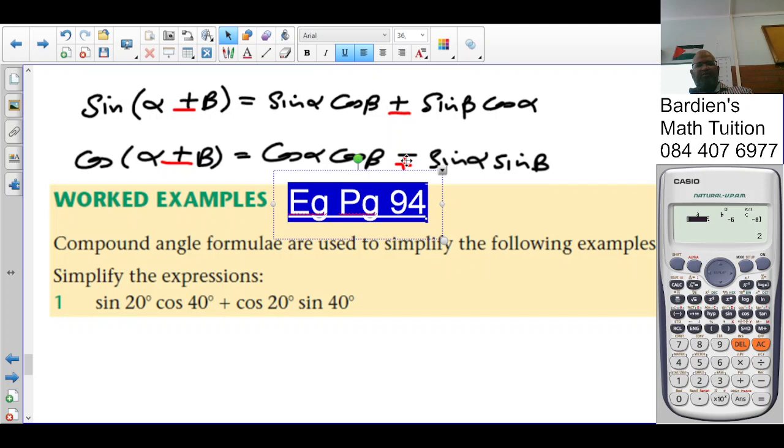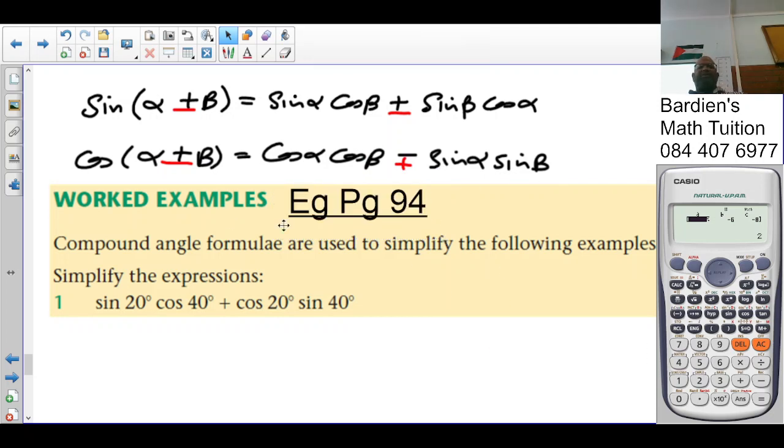Bear in mind those formula, okay? These formula is given in the exam as well. Okay.